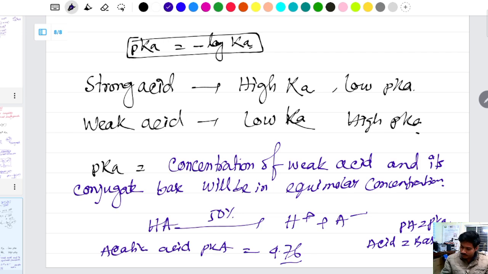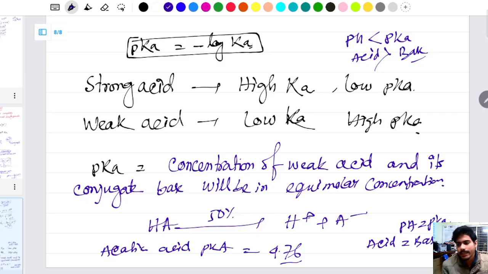And if pH is less than pK, then it will be acid greater than base. And the reverse is also true. Hope that you can understand with that pH and pK value, and along with the strong and the weak acids.